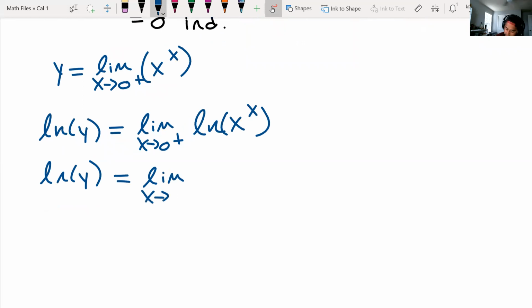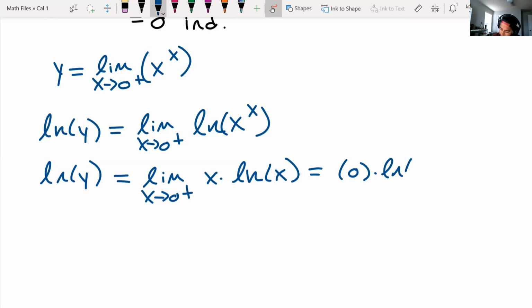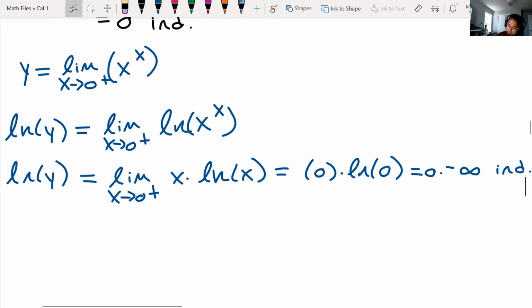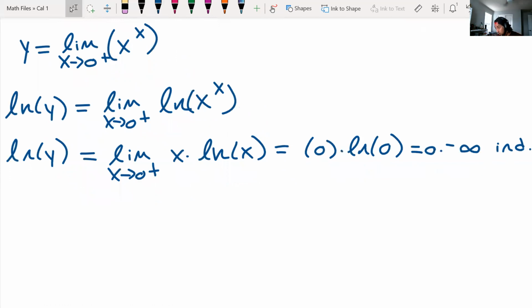So you get the limit as x approaches 0 from the right of x times the natural log of x. And again, if you were to plug in 0, you'd get 0 times the natural log of 0, which is 0 times negative infinity, which is indeterminate. Okay, which means we now have an indeterminate product.